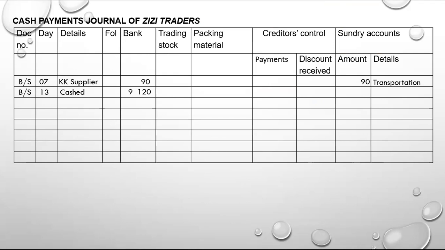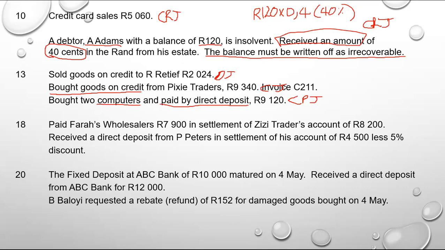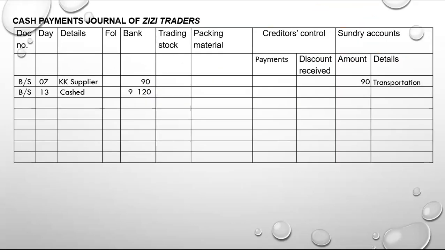Did I specify? Is it whom we bought, correct? Okay, English is Englishing. And obviously, for equipment, I'm going to take that to sundry and write it as equipment. We good?